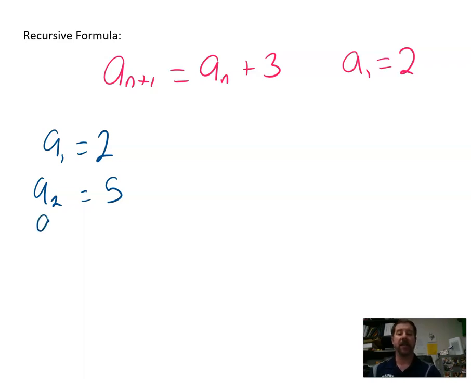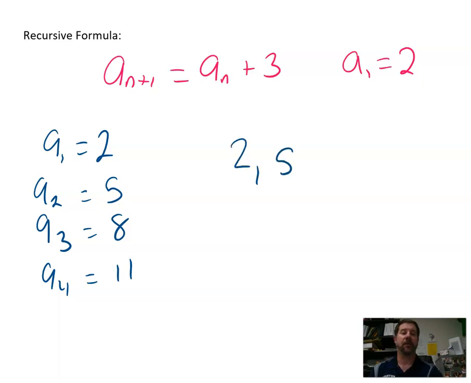Then to find the third term, 3 would be 2 plus 1, so n is 2. I need the second term plus 3, which is 8. Basically, this recursive formula is saying you add 3 to the previous term every time. a sub 4 would be 11. And so this would be the sequence 2, 5, 8, 11.